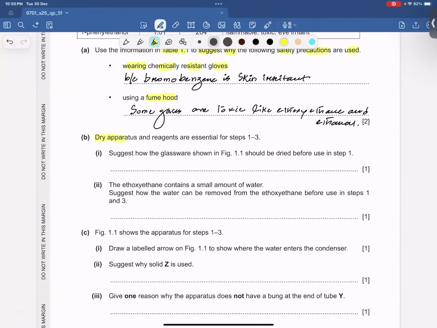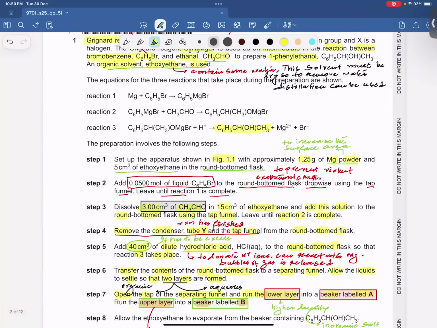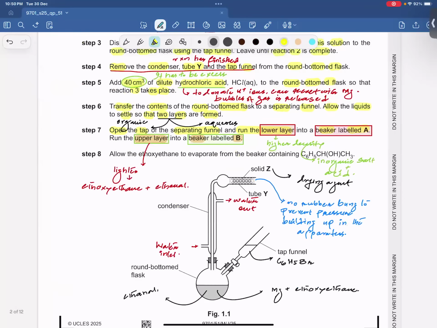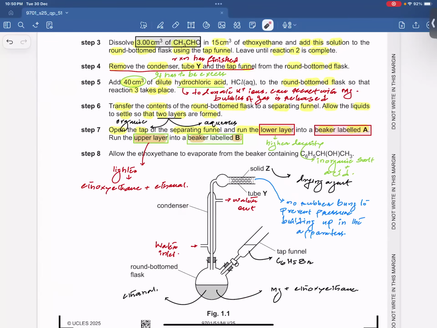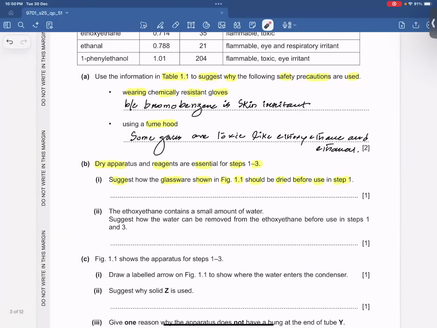Dry apparatus and reagents are essential for step 1 to 3. Suggest how the glassware shown in figure 1.1 should be dried before use in step 1. So the entire glassware, we need to dry by using an oven. So we can say use oven to dry the glassware.